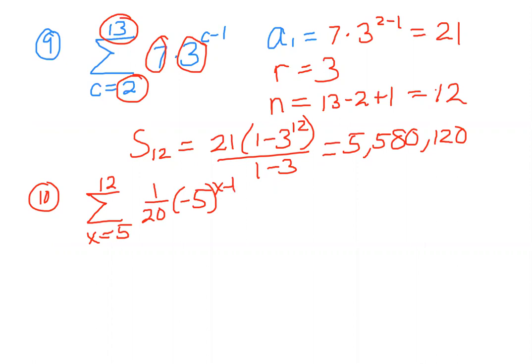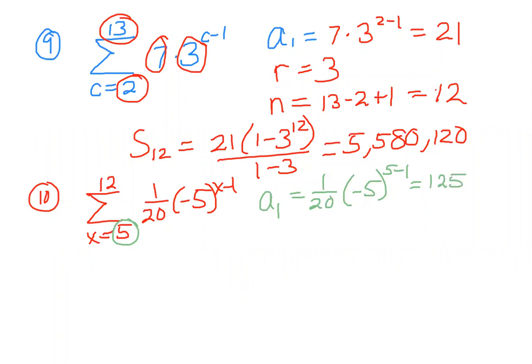So we have this. To find A1, we have to substitute in a 5. So we get 1 over 20 times -5 to the 5 minus 1, which is 4. Okay, 5 to the 4th is 125. So you get 125.